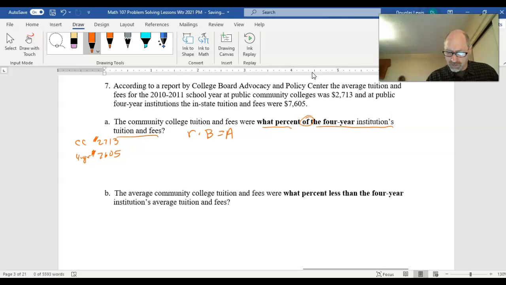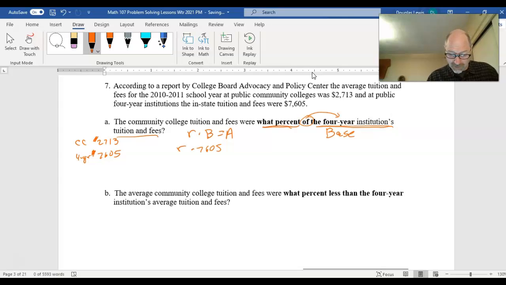So whatever follows the word of in this type of situation, if you have a percent of something, this is the base. So the base is the 76.05. The percent of is whatever you take the percentage of, that's the base. Now, we want to know what the percent is.